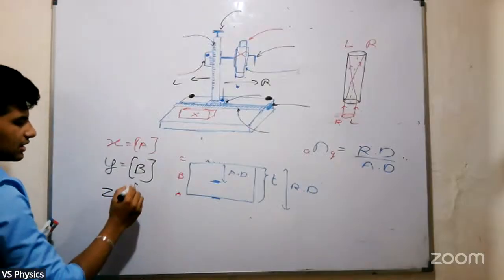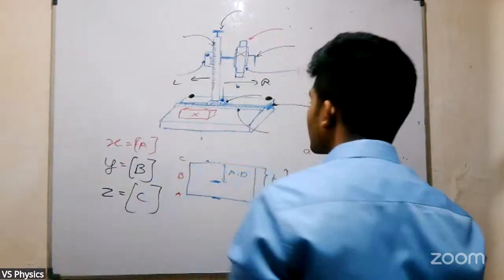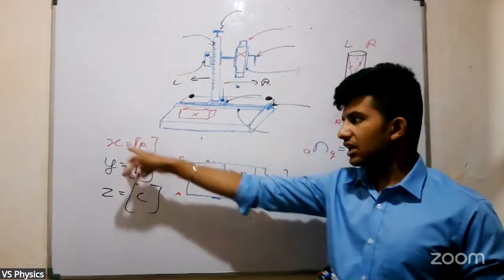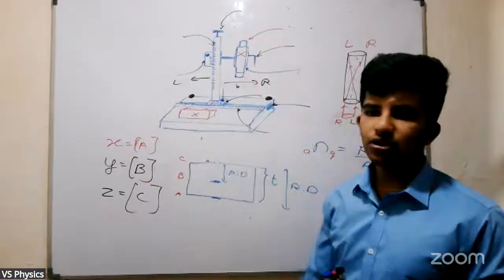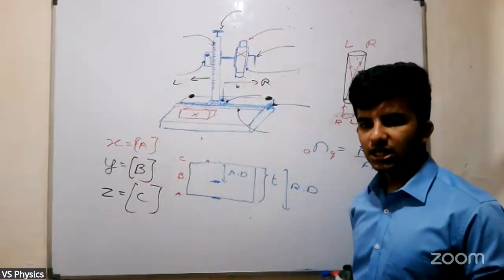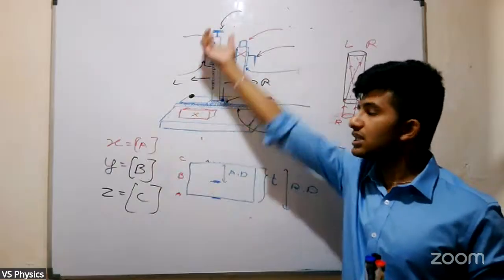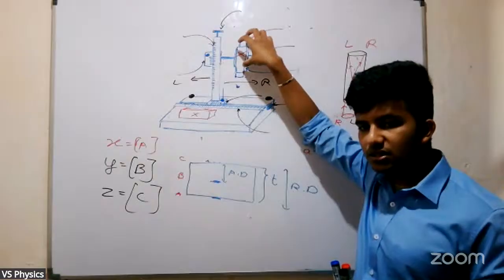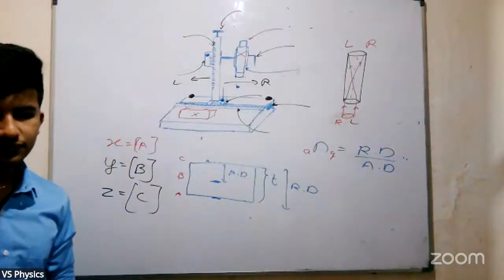This is going to be C. One more thing: after you have taken X, you are not going to touch the focusing knob. You will be moving the entire component with the vertical vernier scale.